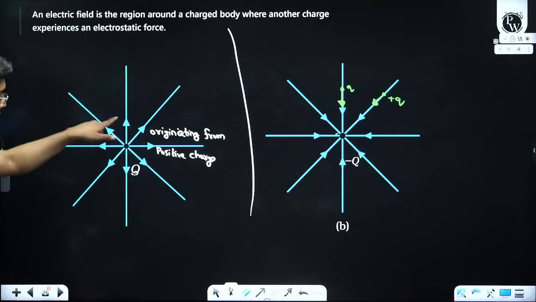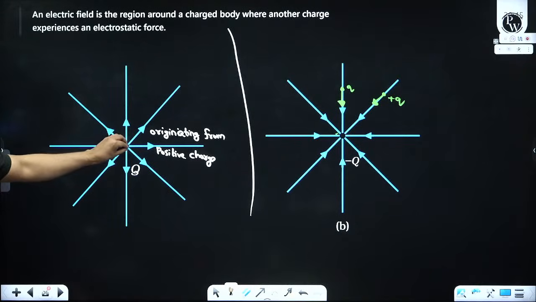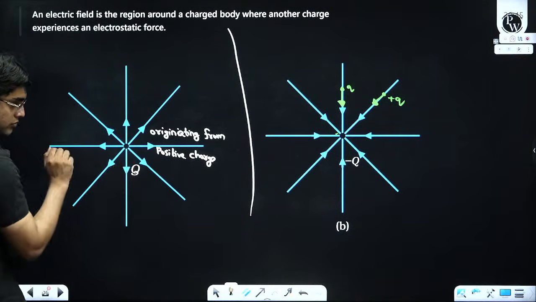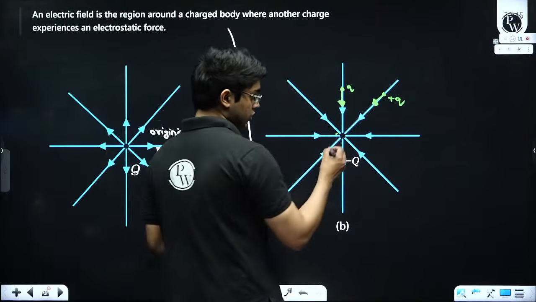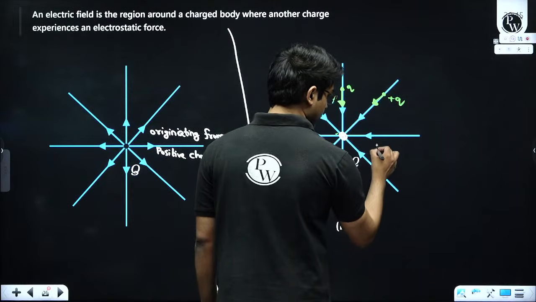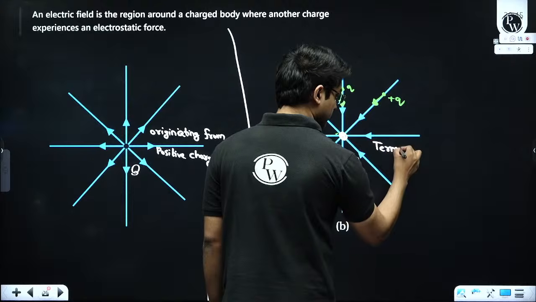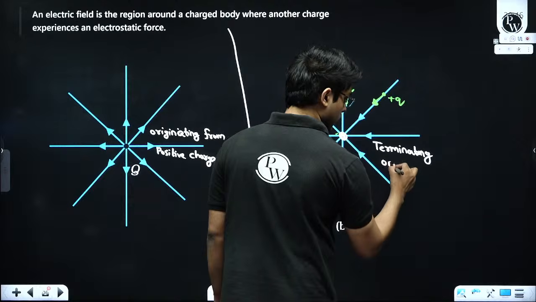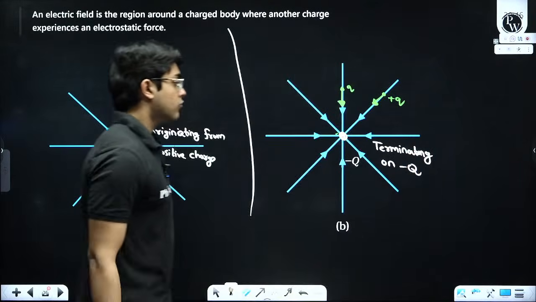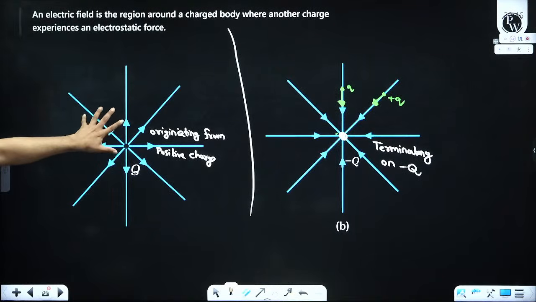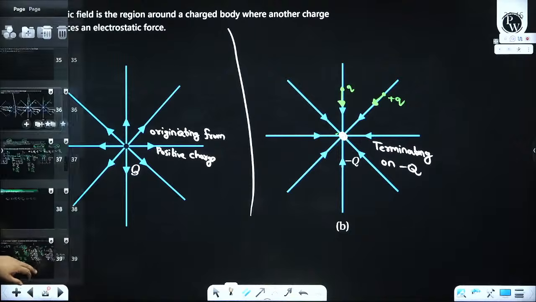But they originate from the positive charge. So whenever you see a positive charge, it will always be a source of electric field lines, which means lines will originate from the positive charge. And for the negative charge, field lines will always terminate on the negative charge. Field lines, as you can see, are terminating on the minus q charge. So for a negative charge, field lines terminate, and for a positive charge, field lines originate. So that was the third point.